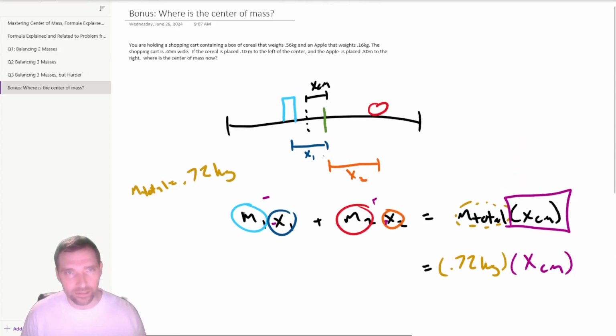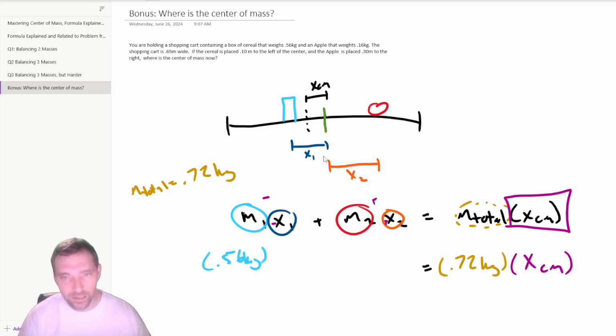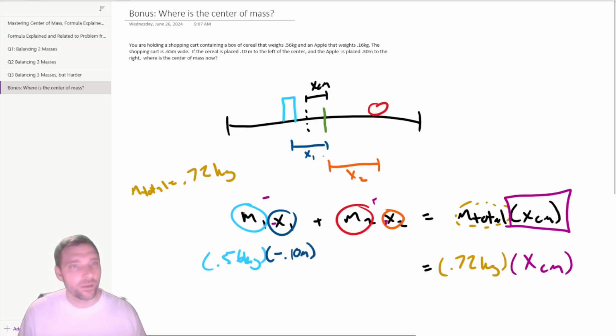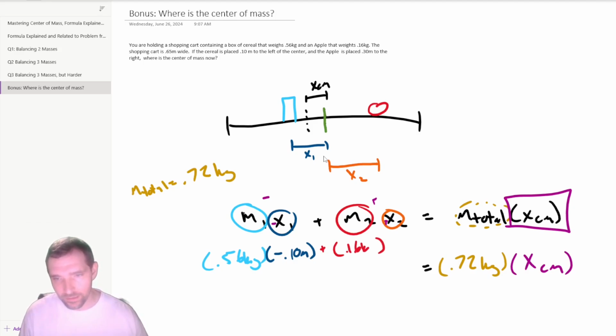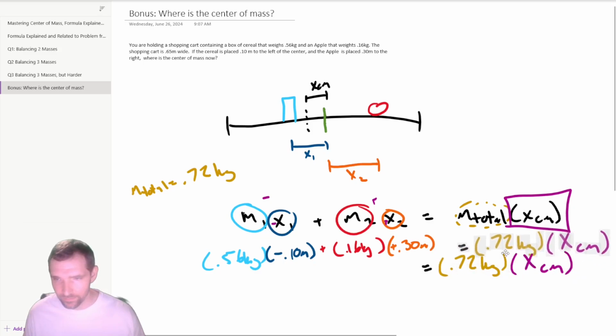So we've got our 0.56 kilograms, and its displacement of negative 0.10 meters, plus a mass of 0.16 kilograms times a displacement of a positive 0.30 meters. And that should be equal to all of this.